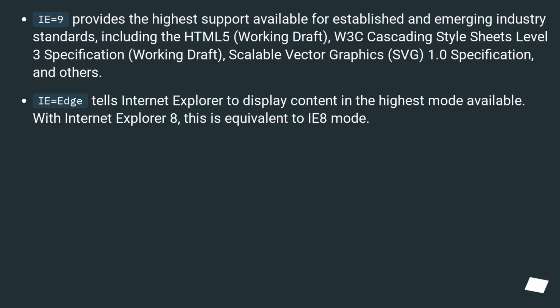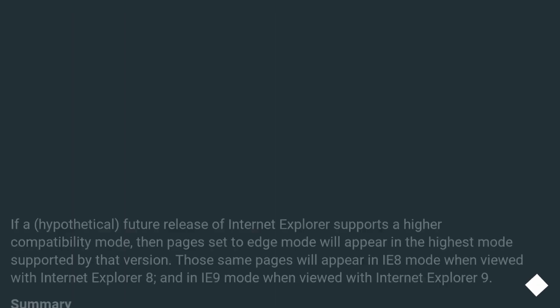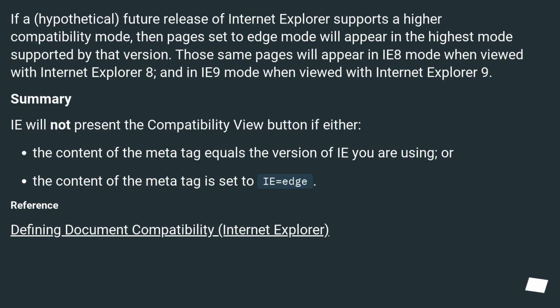IE=Edge mode tells Internet Explorer to display content in the highest mode available. With Internet Explorer 8, this is equivalent to IE8 mode. If a hypothetical future release of Internet Explorer supports a higher compatibility mode, then pages set to Edge mode will appear in the highest mode supported by that version.